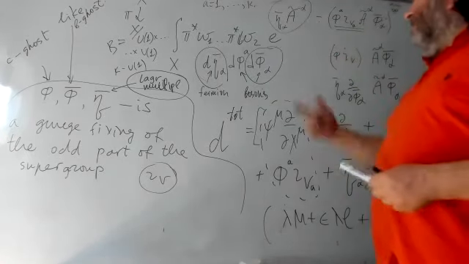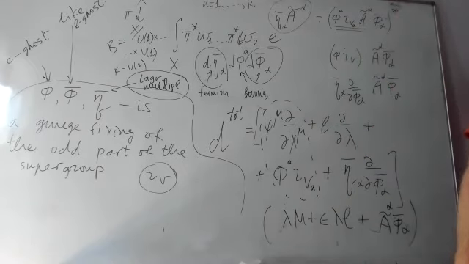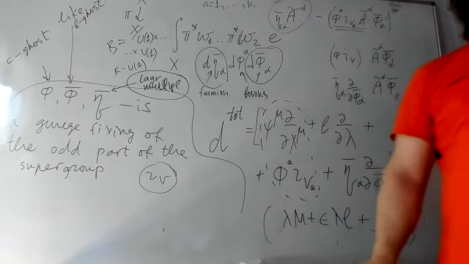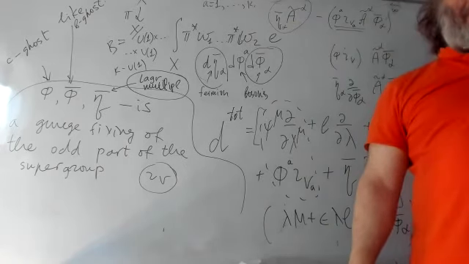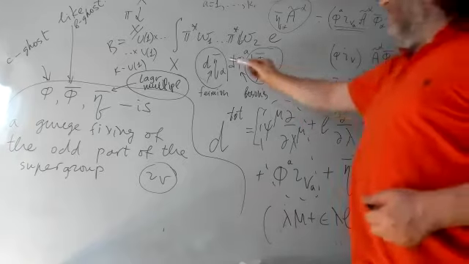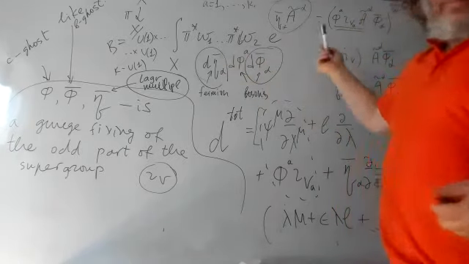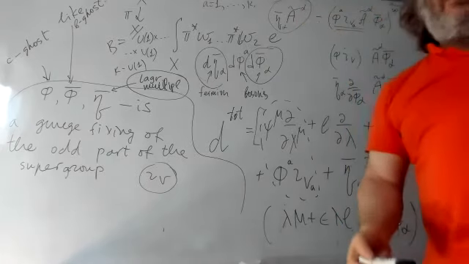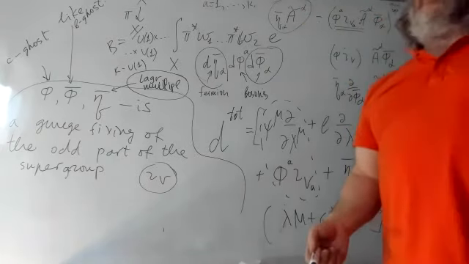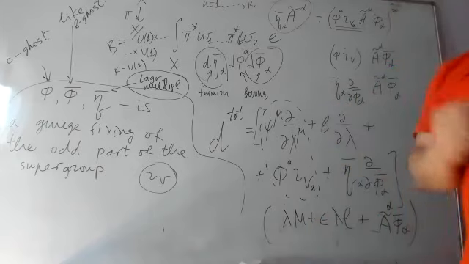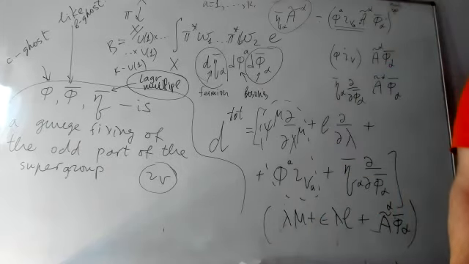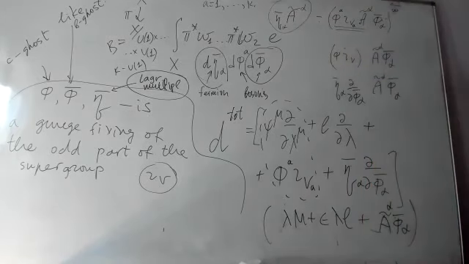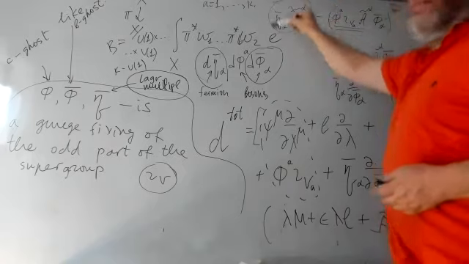Note that in the Grassmannian world, an odd function equals the delta function of itself. So this integral over eta gives you a delta function here. You do not even need the smearing of the delta function in the odd world. That's why this is the gauge fixing.